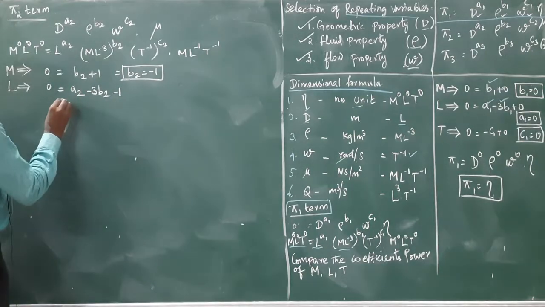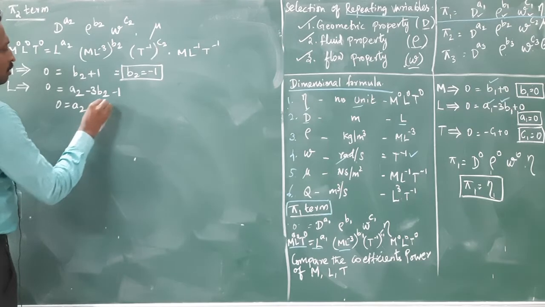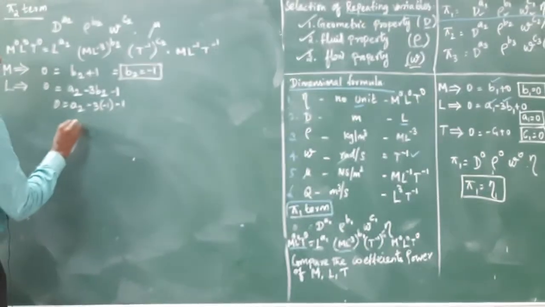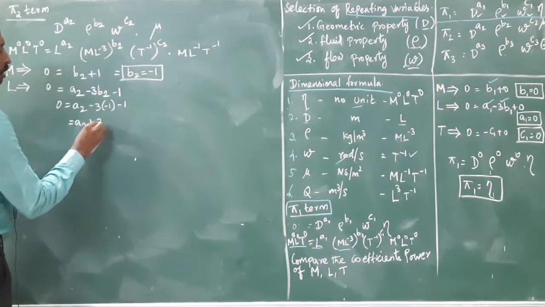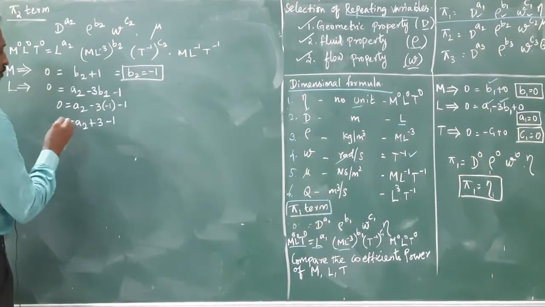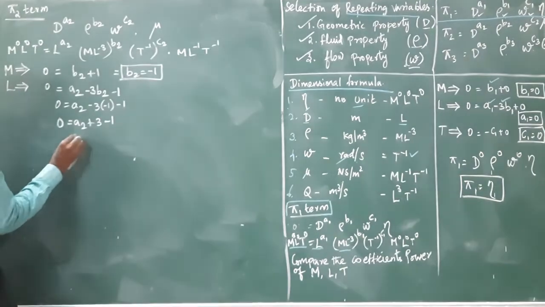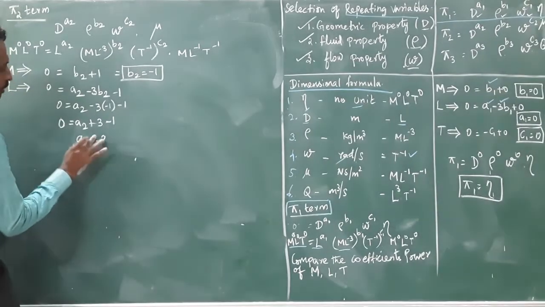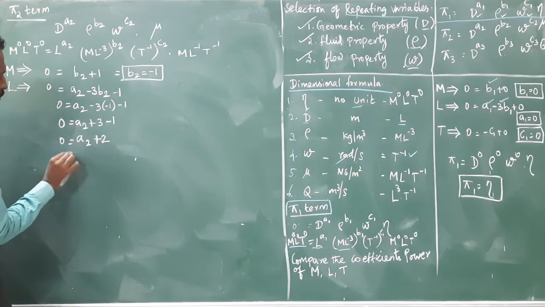Substituting in this, 0 equal to a2 minus 3 into minus 1, minus 1, equal to a2 plus 3 minus 1. 3 minus 1 is 2. So a2 plus 2 is 0, then a2 equal to minus 2.